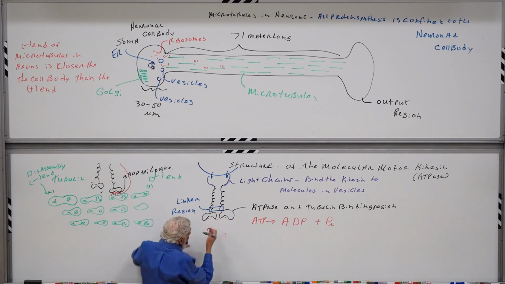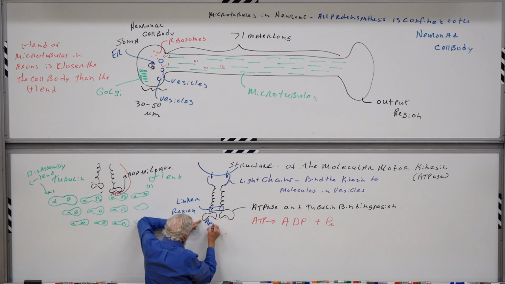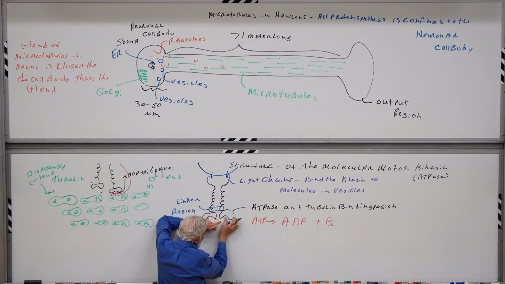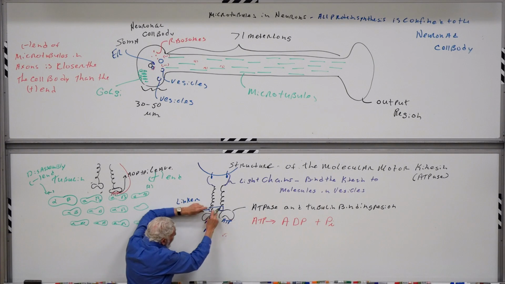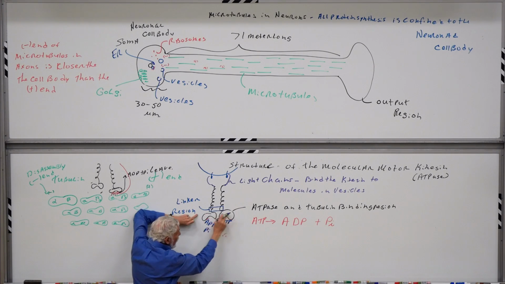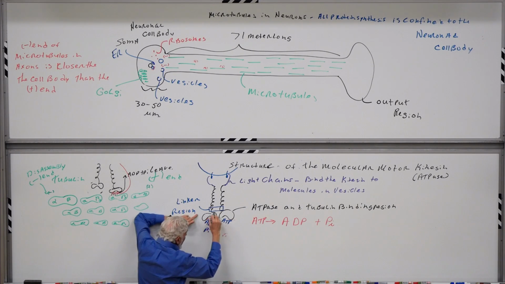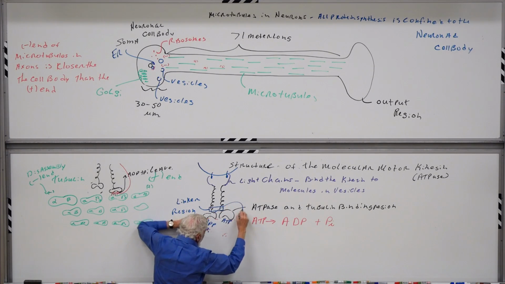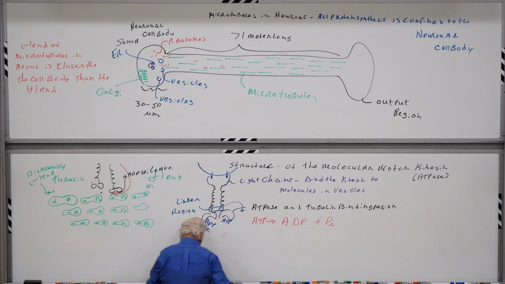If this trailing foot has ADP and Pi, when this leading foot binds ATP, it zippers together this linker region. When these two parts of the molecule zipper together, this foot steps forward.